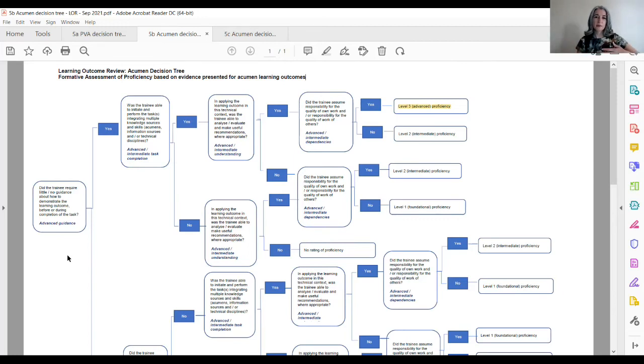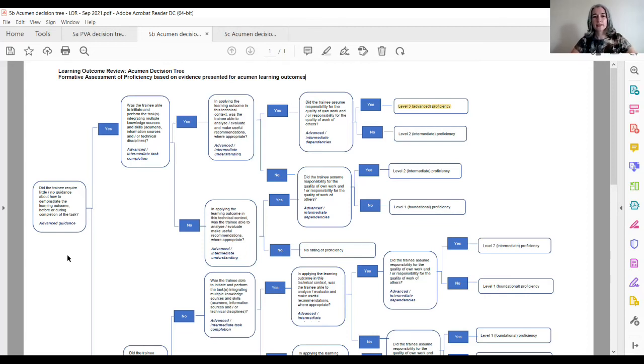You'll see, for example, where a trainee is having to demonstrate one of the ethics learning outcomes, that they are very likely also having to draw on some of the relational acumens in terms of how they work with the person that they're working with. They might also need to integrate a wide set of different technical disciplines and technical knowledge in coming to displaying a certain acumen. So let's assume that the answer is yes again.